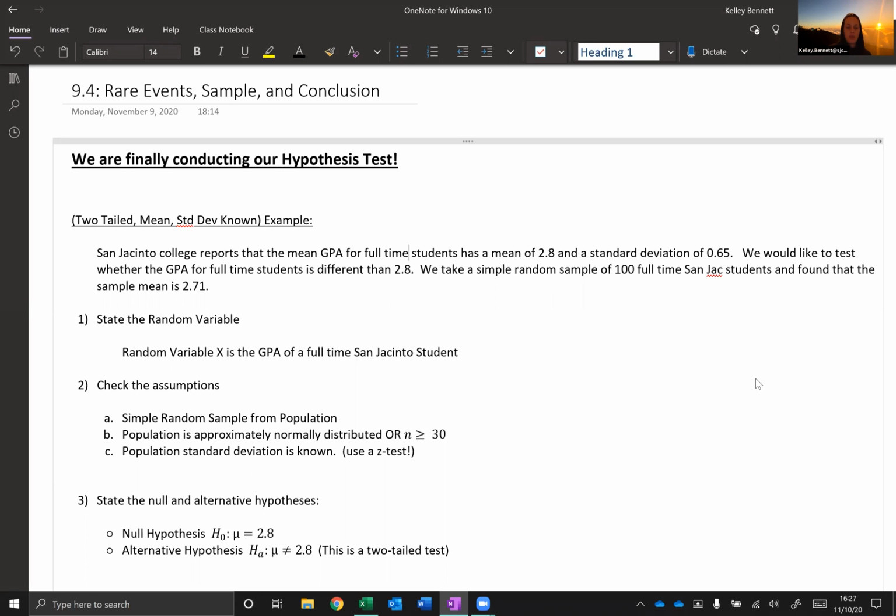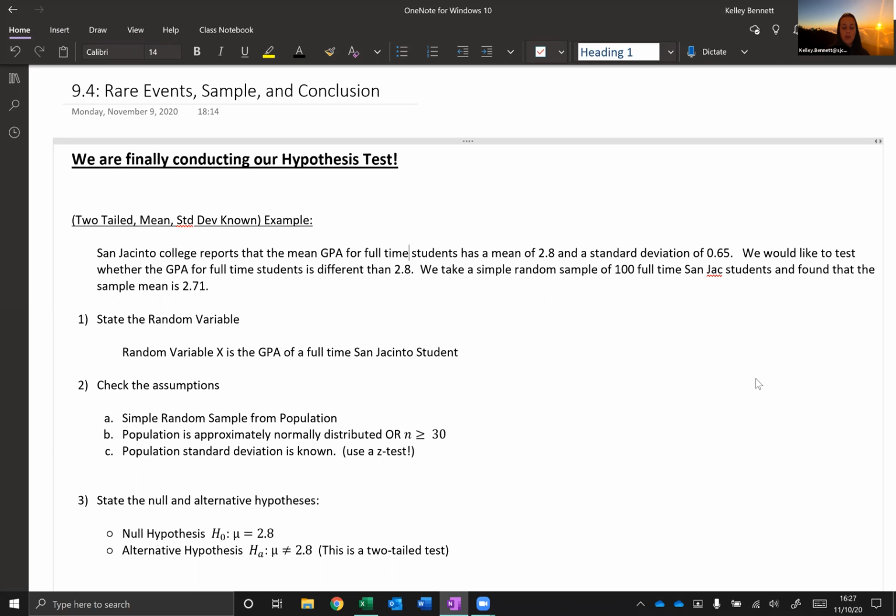Do we have a simple random sample from the population? Yes, it says it explicitly in the problem. It says we take a simple random sample. Next, we either need to know that the population is approximately normally distributed, or we need to have a sample size that's at least 30.